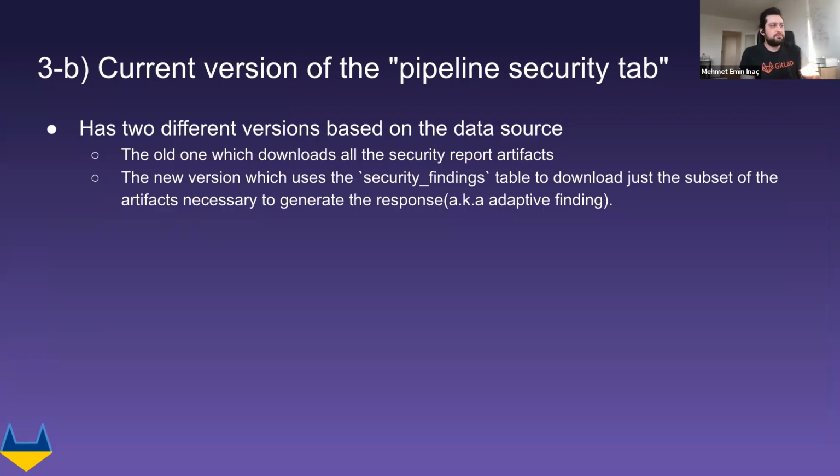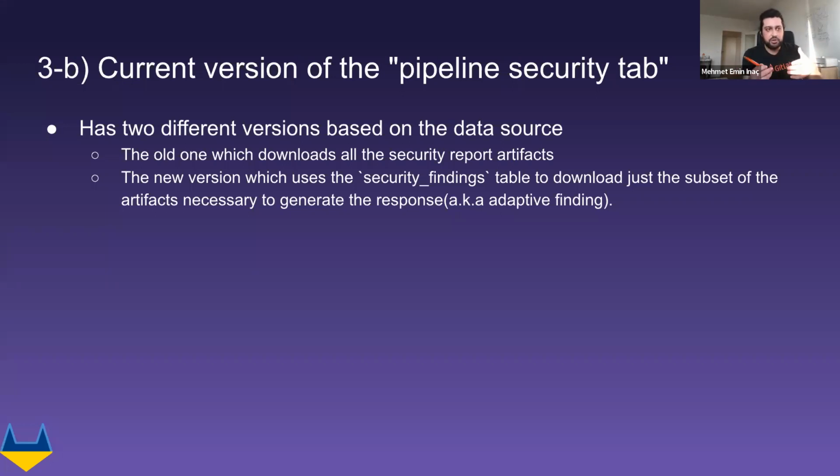So for the current version of the pipeline security tab, there are two versions. The first version is the old one: try to download everything, parse everything, and prepare the response. There's another version which uses the security findings table to download just a subset of those artifacts. In security findings, we are just storing the metadata of the findings like severity, confidence, report type, and so on.